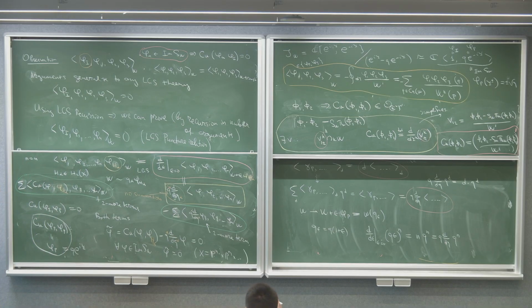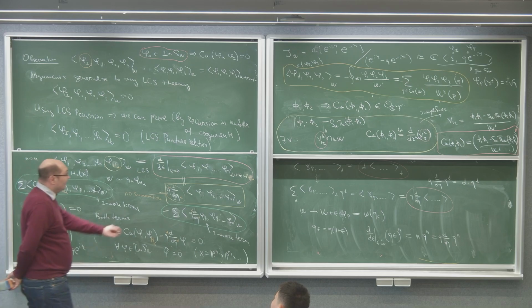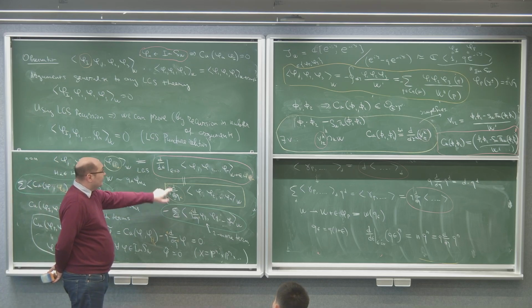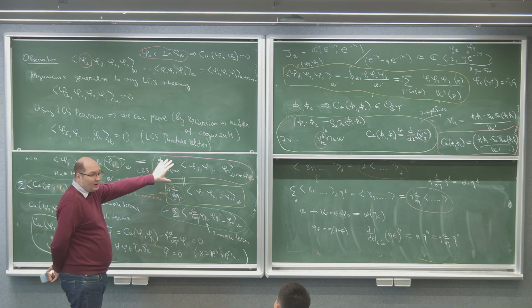Excuse me. Yes. Here on the Landau-Ginzburg side, these relations are by definition. The recursion relation is by definition, but in the right hand side, this red derivative is a canonical part of the definition.